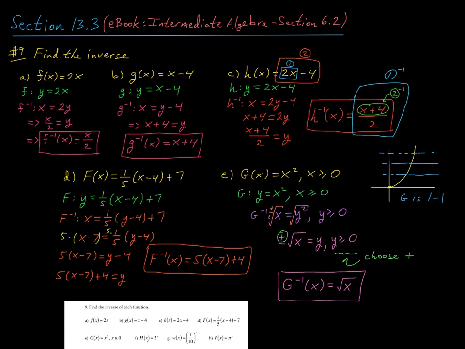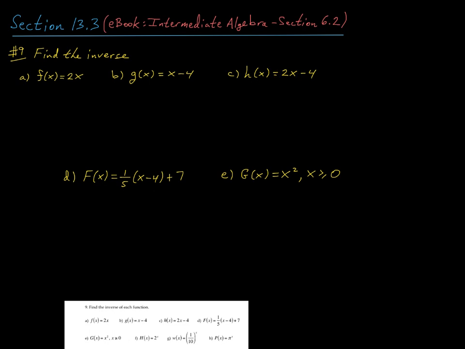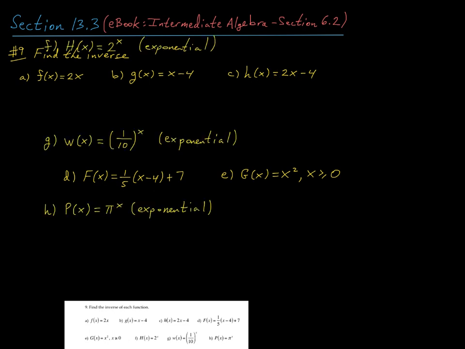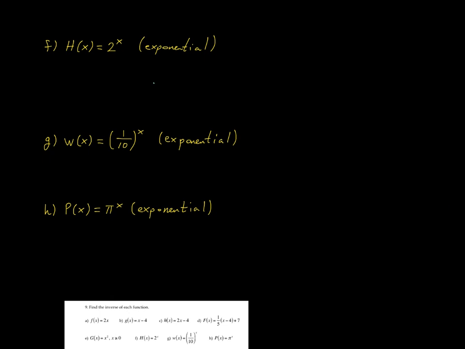And now if you look at parts F, G, and H, okay, these are all exponential functions, right, that we looked at the beginning of chapter 13. So for those, let's go ahead and investigate what we can do here. Well, for part F, we have our function h, and we have that y is 2 raised to the x power.